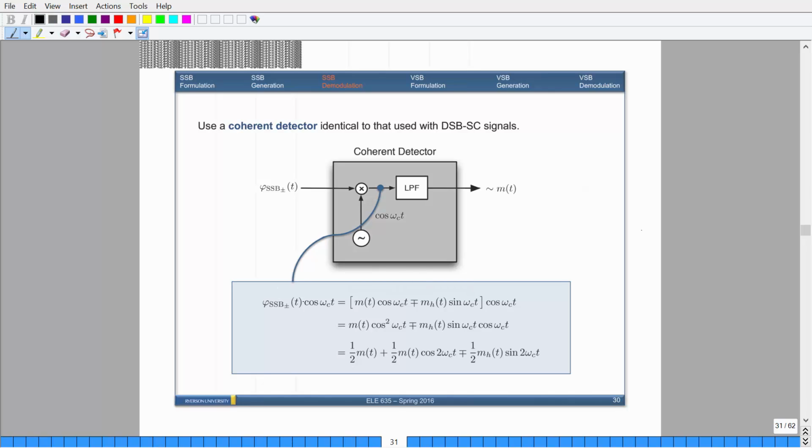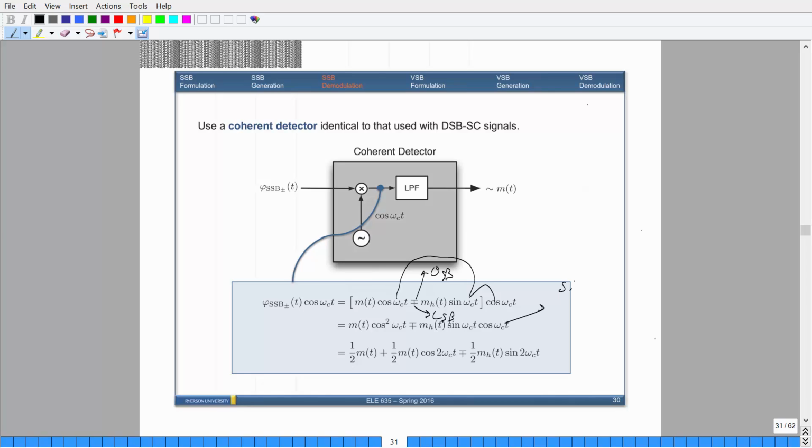Your single sideband signal, remember, is m(t) cos, and it's either minus or plus. The minus would be the upper sideband, and the plus would be the lower sideband. This is the signal that is coming in, and when you multiply by a cosine wave, you expand this out. The multiplication of the two cosines becomes cosine squared, and then you have sine times cosine.